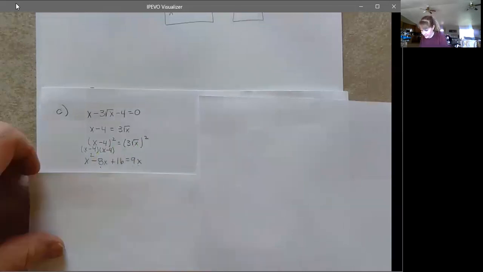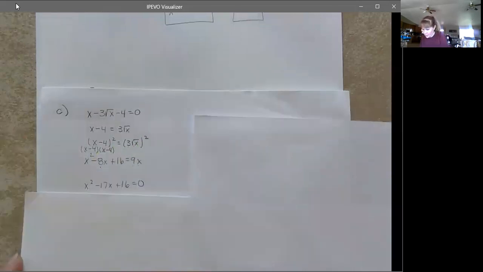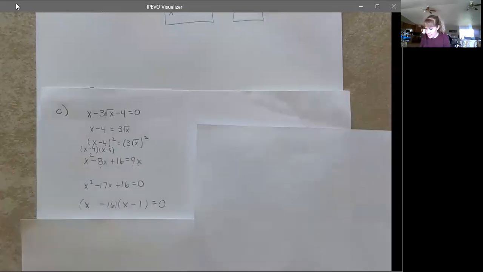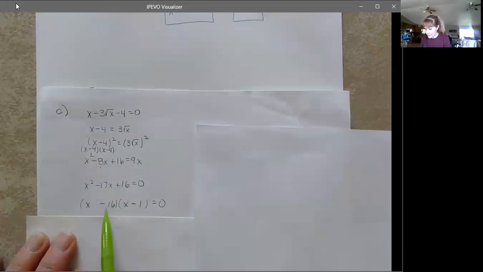So then, you set that equal to 0 so that we can factor it. Okay, so I brought the 9x over. So using the FOIL method, x times x is x squared, -16x and a -1x is a -17x. -16 times a -1 is a +16.